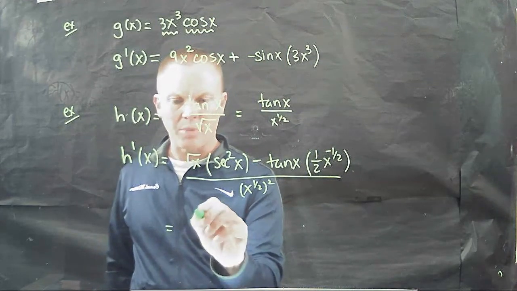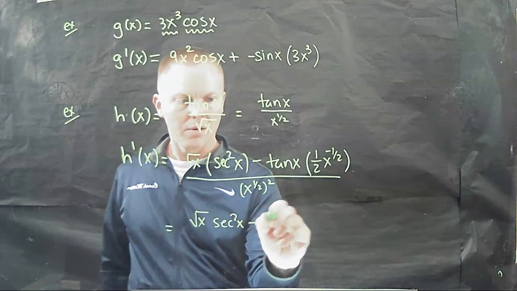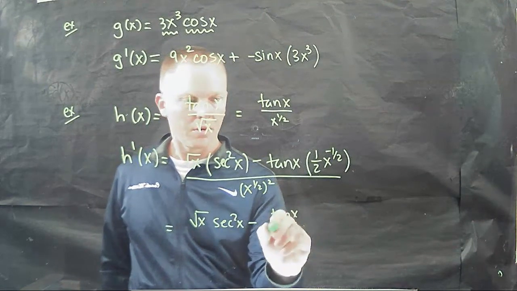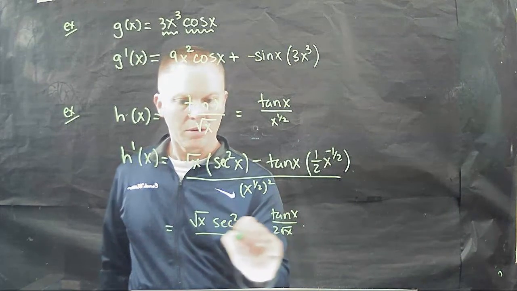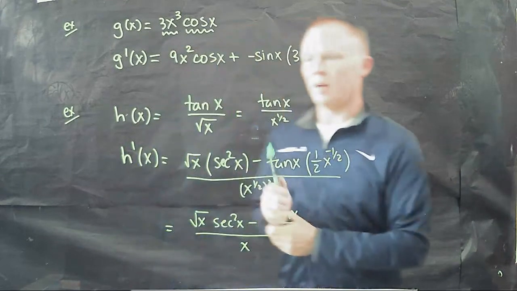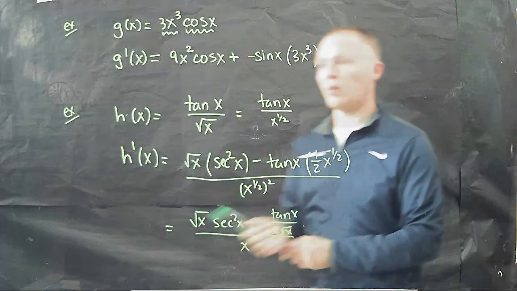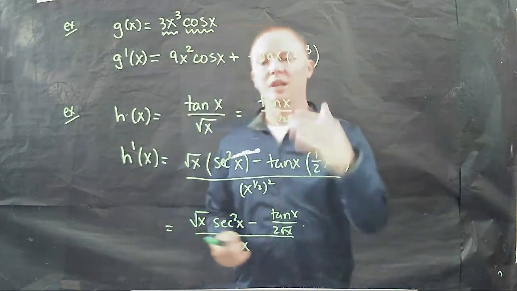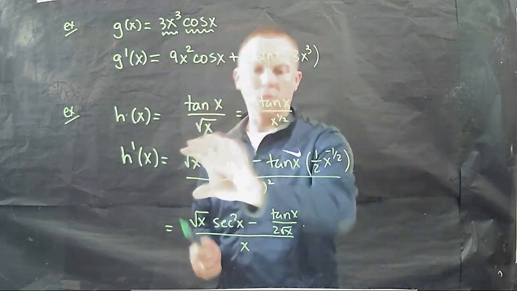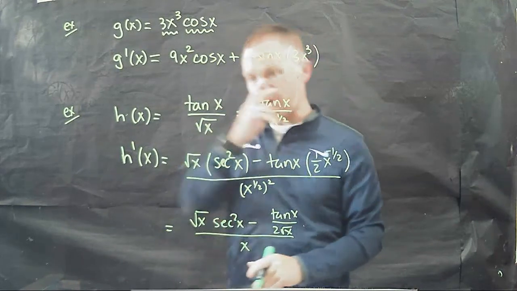I'm just going to make it look prettier, because x to the 1/2 squared is just x. Okay? Do I have to clean it up more than that? No. Could I? Yes. But I'm not going to. Because again, I want to see that you execute the quotient rule correctly. I don't care if you can do all this crazy algebra.